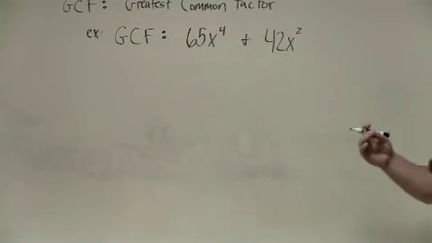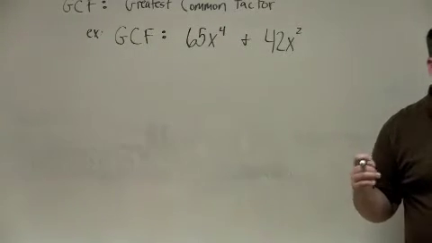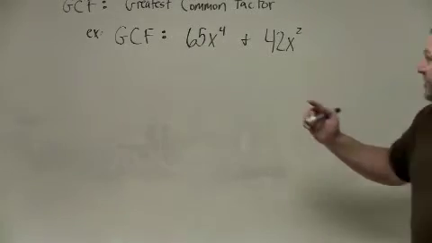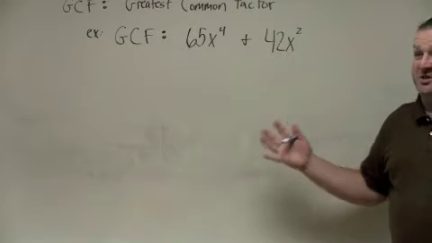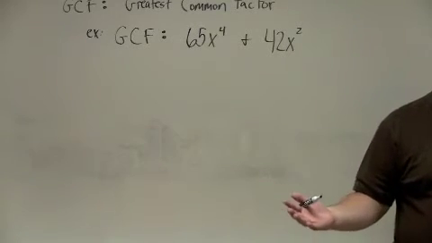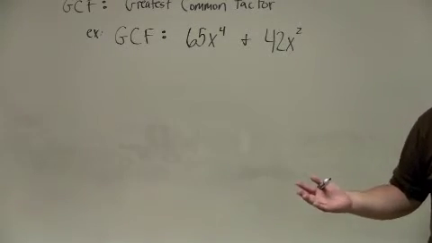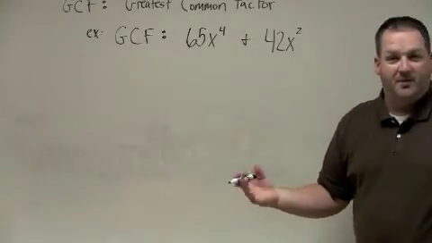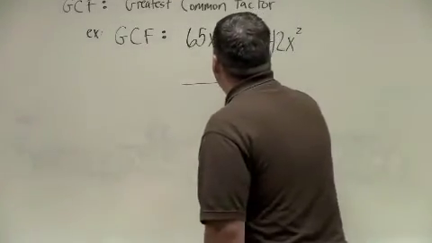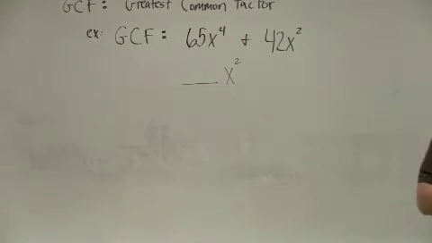The variable portion is very easy to determine, so I'll start with that one first. We have x to the fourth, we have x squared. What's the largest amount of x's that both of them have? 2. Everybody agree with that? So the GCF variable portion would be x squared. So we know it's something x squared.